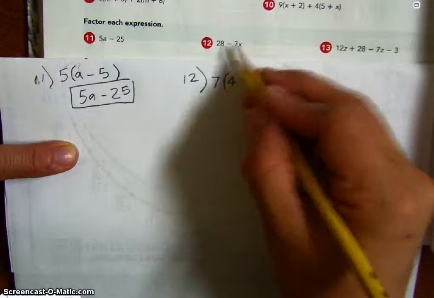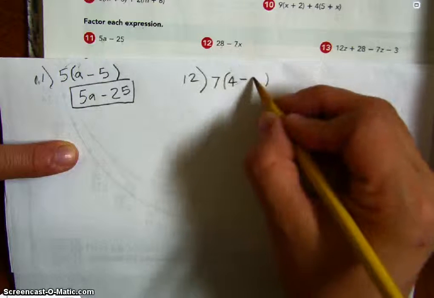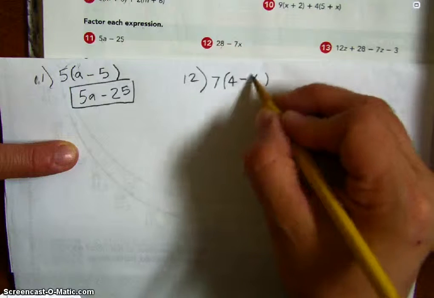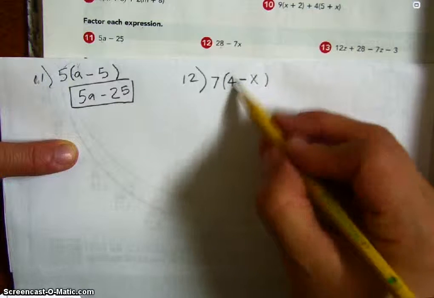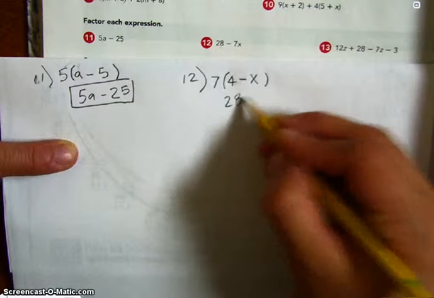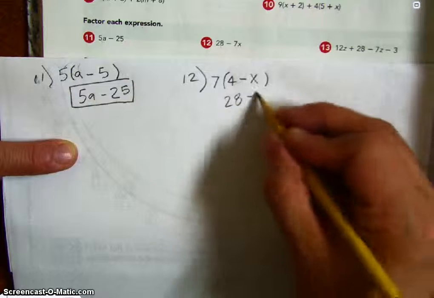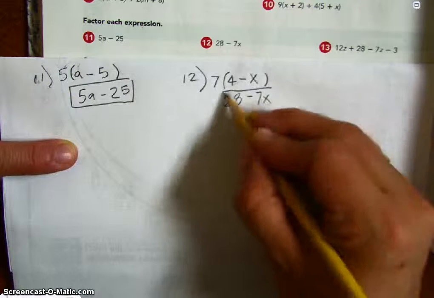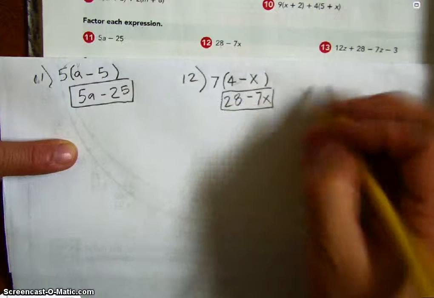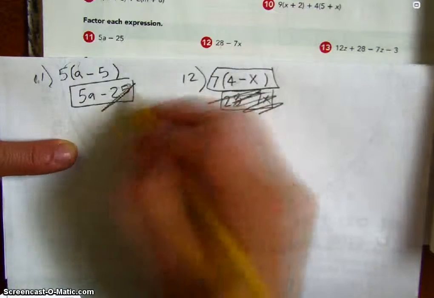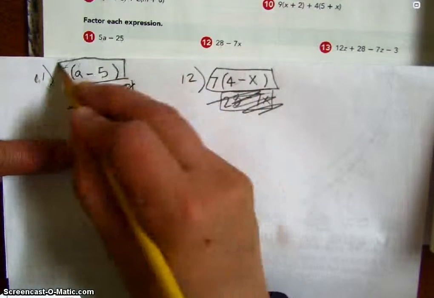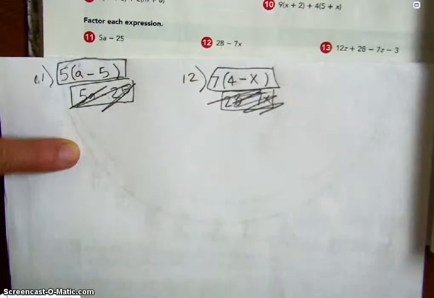Then 7 times what is 7? 7 times, I could put 1x, but it's more correct just to put x. So the way I check it, 7 times 4 is 28. Take away 7 times x is 7x. Is that the same as my original problem? Yes, it is. So this is actually my answer. Don't get confused, these are the actual answers for that. We were just checking them down here.